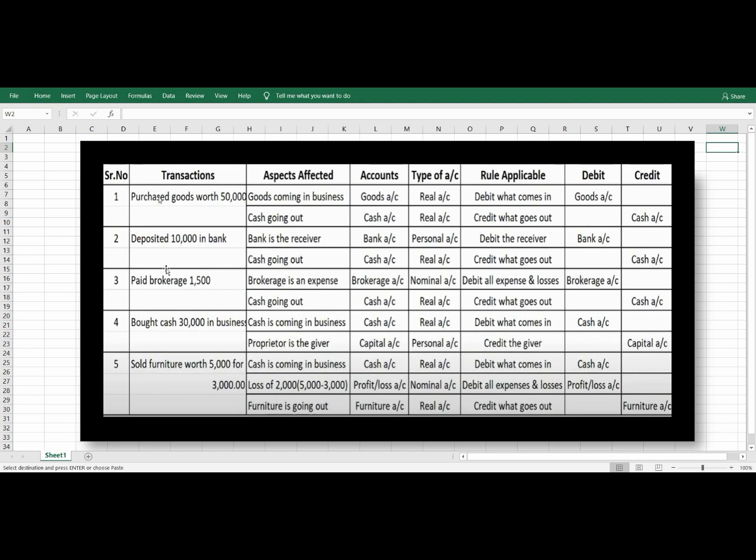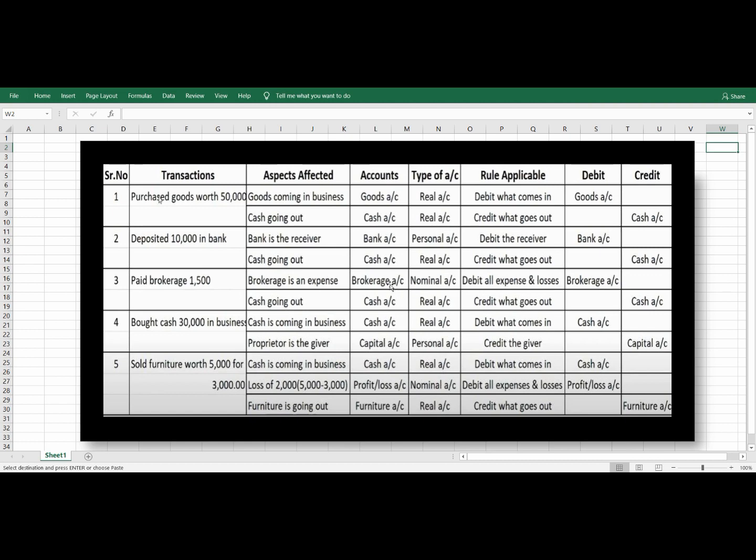Now let's see the third transaction. Paid brokerage 1,500. Over here, the two accounts again which are affected are brokerage account and cash account. Now, brokerage being a nominal account, the rule for nominal account will be applicable. That is, debit all expenses and losses, credit all incomes and gains.